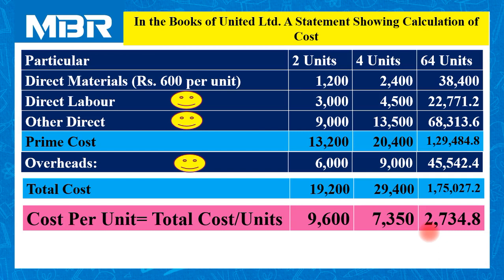It means the learning curve affects direct labor cost, other direct expenditure, and overheads in this question. And you can see the difference in cost per unit when we have manufactured 2 units, 4 units, and 64 units. Cost per unit decreases significantly with each and every attempt of manufacturing.